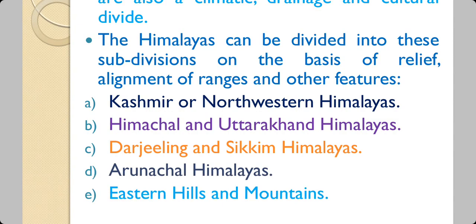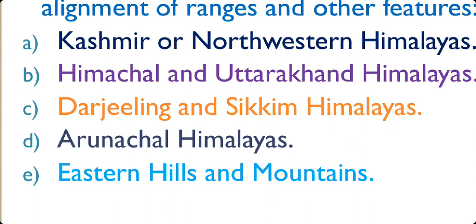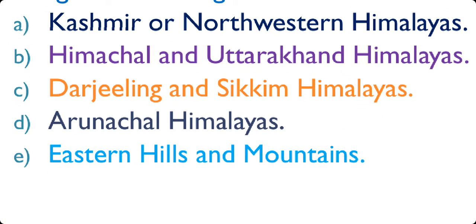So we have these five subdivisions. We have the Kashmir or the northwestern Himalayas. Then we have the Himachal and Uttarakhand Himalayas. Now we are going from north and along the Himalayas towards the south and going towards the east. So in examination, if you're asked, just have a mental picture of the map of India.